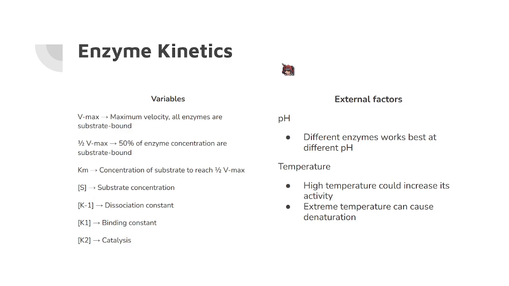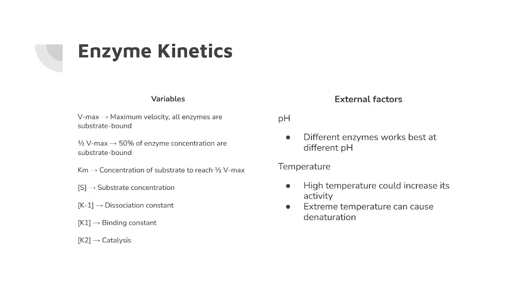In addition, there are also external factors that affect this process. The first one being pH, where there are different enzymes that work best at different pH levels. And the second more notable one being temperature.